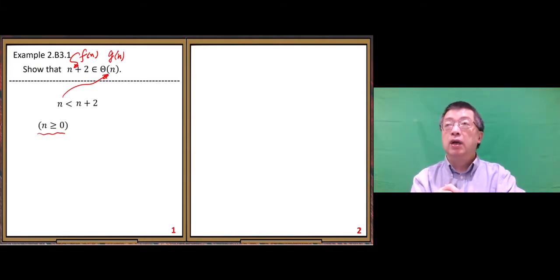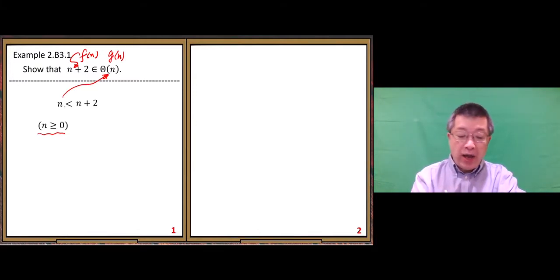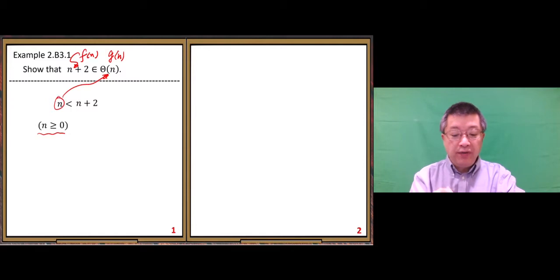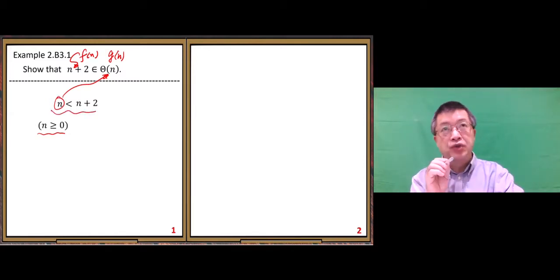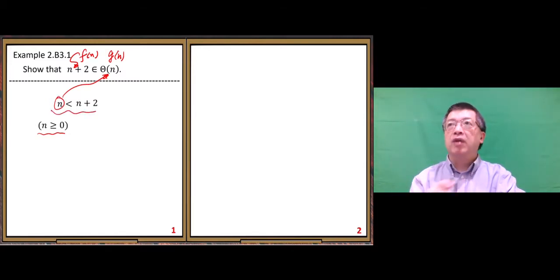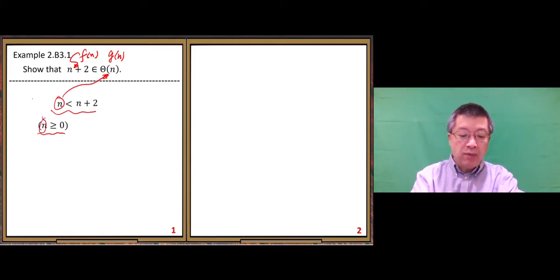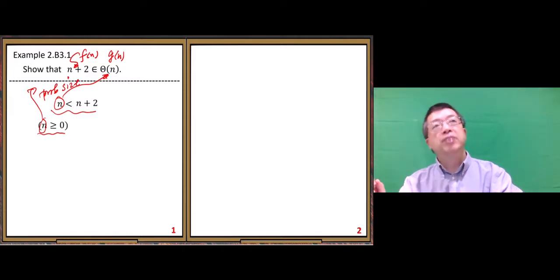Mathematically, that is right, but in our computer science algorithms context, n is the problem size, and the problem size can never be negative.